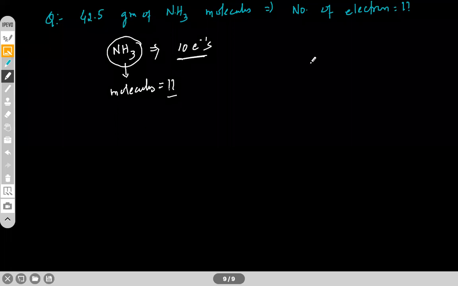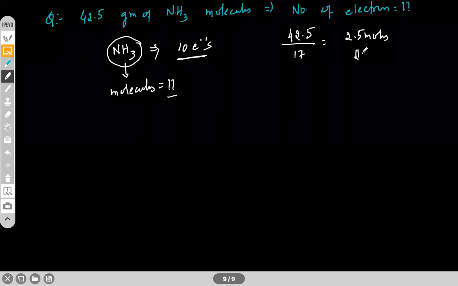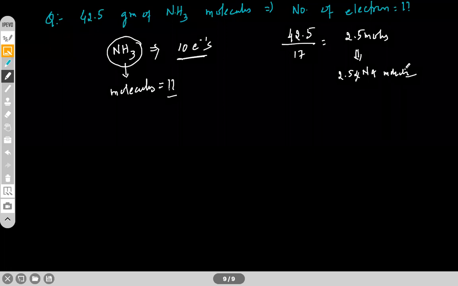Right? So in 42.5 gram, the number of moles is what, first of all? 42.5 divided by 17. So this will be 2.5 moles. And 2.5 moles is equal to how many molecules? 2.5 into Na molecules. But one molecule has 10 electrons.